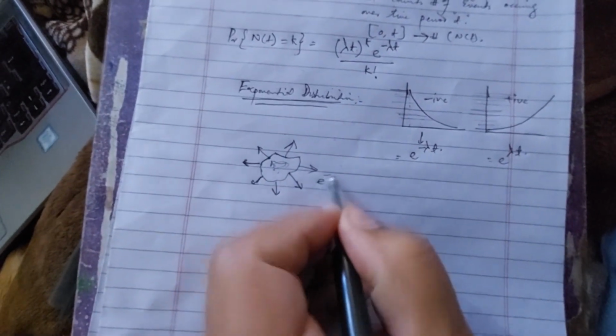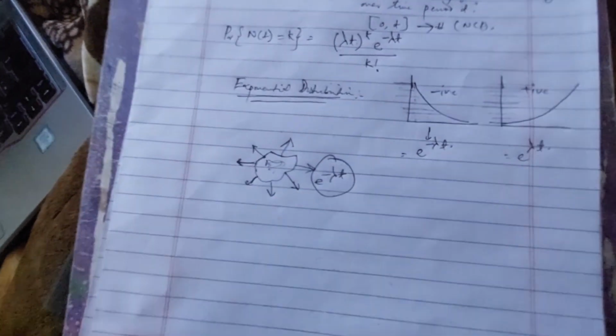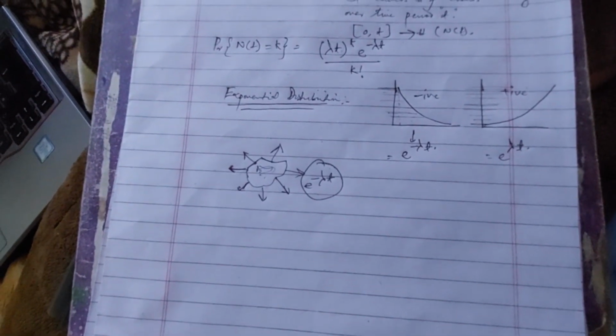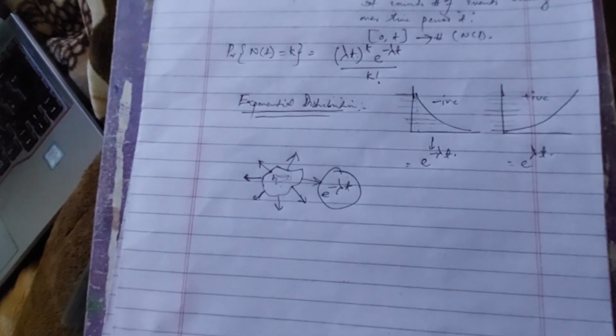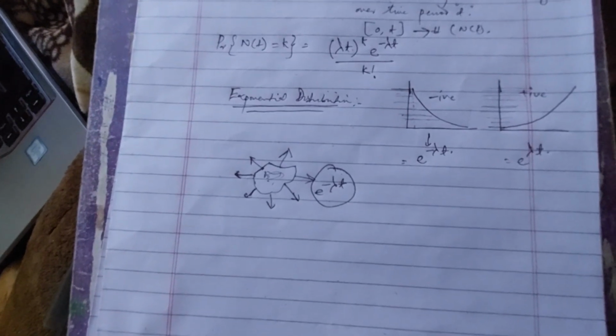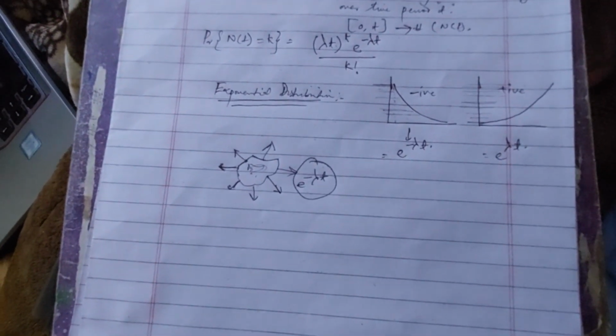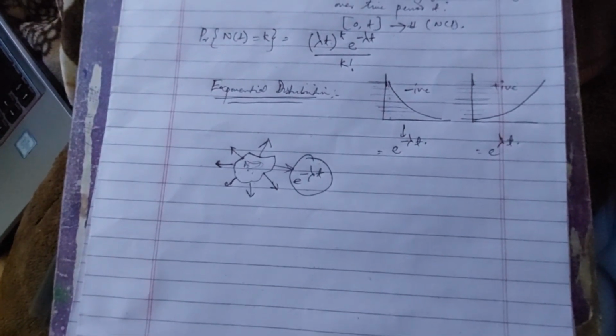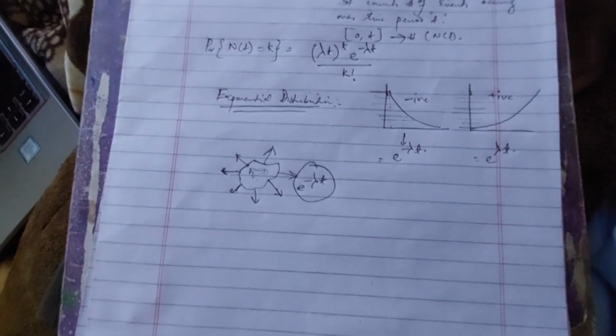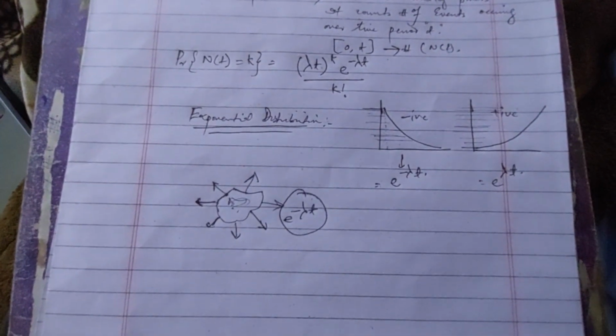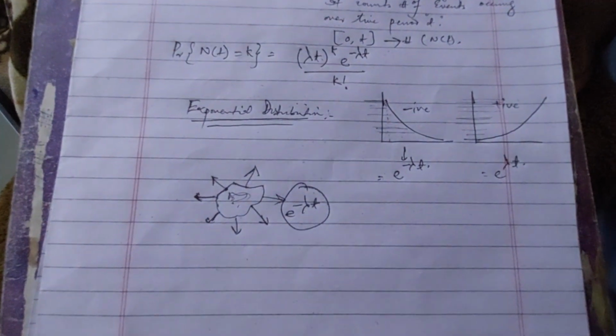So this one follows the negative exponential distribution. When we reverse the process, it is the positive exponential distribution. I hope you have got the idea of the exponential distribution.